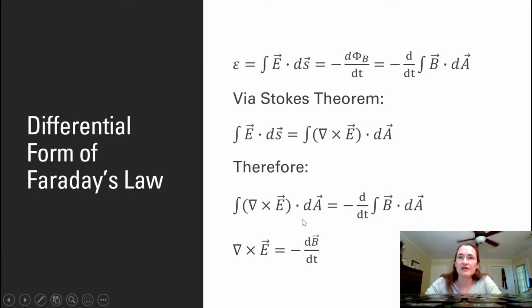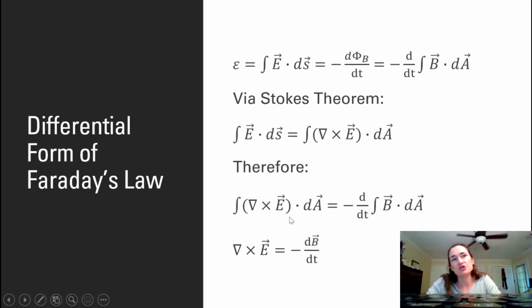So the curl of E dot dA, now going back to our top equation, which included the integral form of Faraday's law, right? We can say that the integral of the curl of E dot dA is equal to negative d dt of the integral of B dot dA. Since these two integrals are integrating over the same surface with area A, right, then we can set their arguments equal to one another.